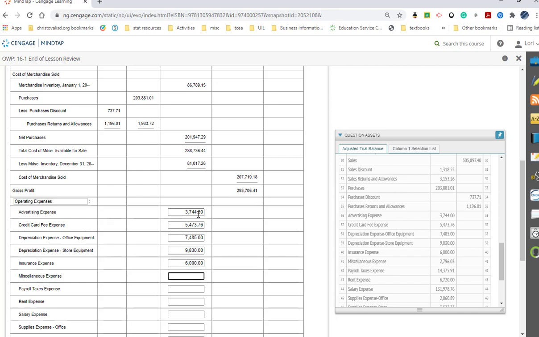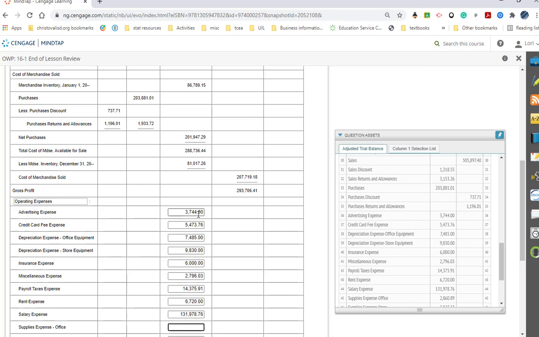Our miscellaneous expenses was $2,796 and 3 cents. Our payroll taxes were $14,375 and 91 cents. Our rent expense was $6,720. Our salary, which is our biggest expense we had in this section, was $131,978.76.